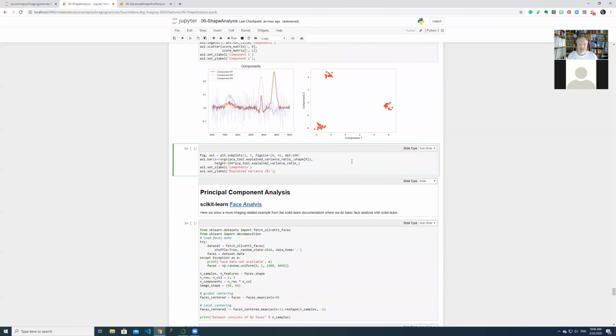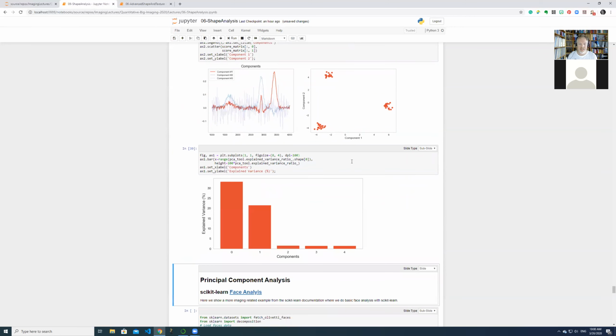We can look at this, for example, and see here that the first components have a lot of explained variance, while the remaining 3 in the data have almost nothing. So that also helps us to decide which components we should look at in our analysis.